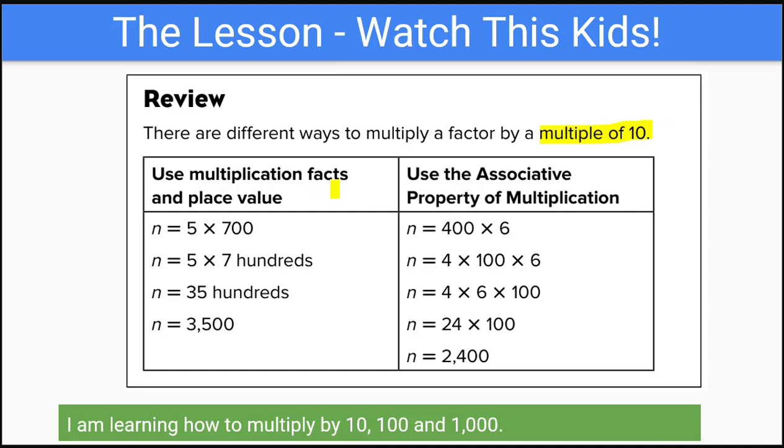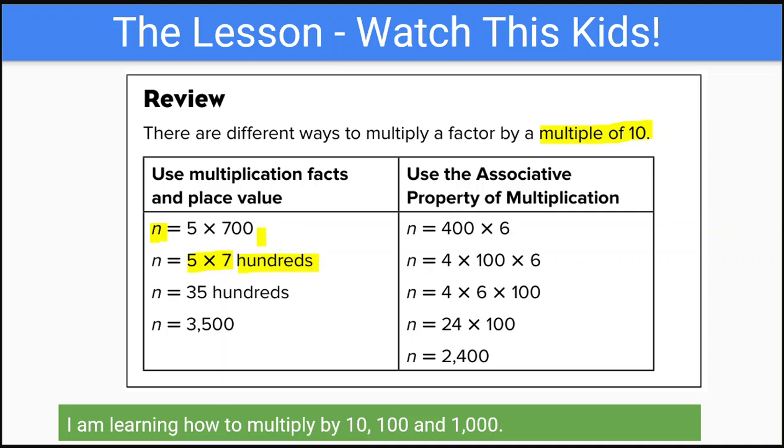You could use multiplication facts and place value. So you have here n, and that's just like a number. That's called a variable, and we use that to represent a number. 5 times 700. Now, you could say that that's 5 times 7, and then you could write out the word hundreds.